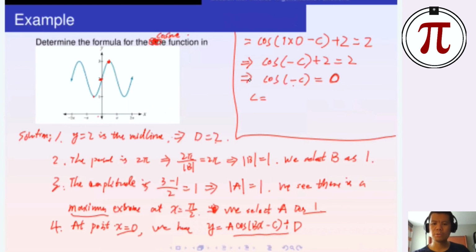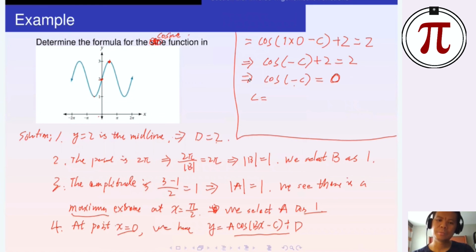So C equals pi over 2, plus minus pi over 2, plus minus 3 pi over 2, and so on.